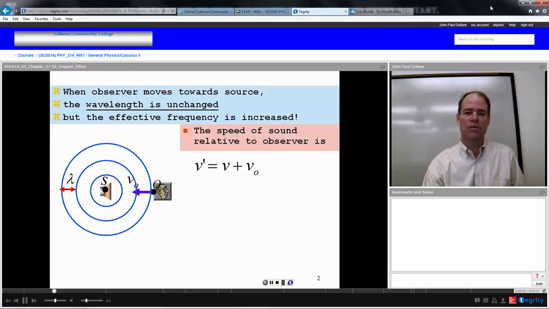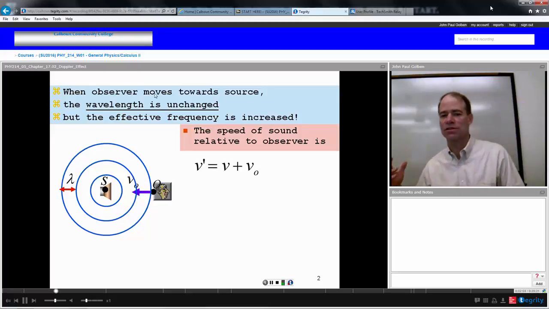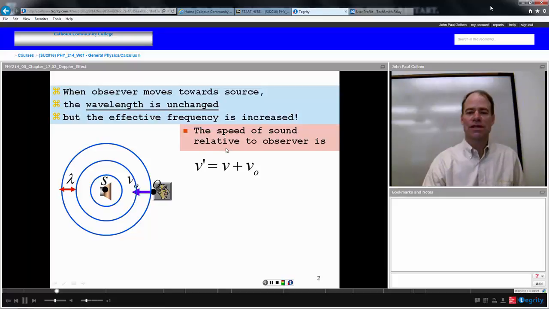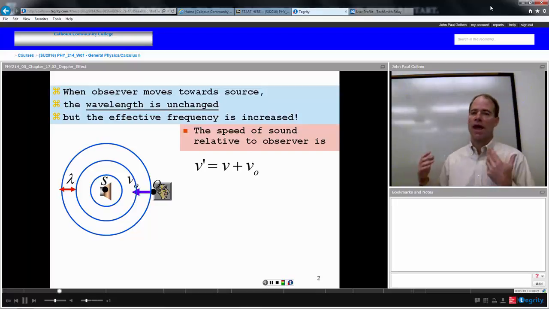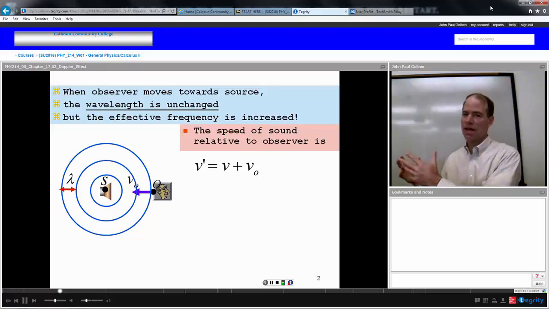The way this might work is that the observed velocity of sound that I would get as I'm moving towards the source is equal to the actual velocity of sound, 343 meters per second, plus the velocity of the observer, my velocity. So I'm going to add my velocity to the velocity of sound as far as this effect is concerned.